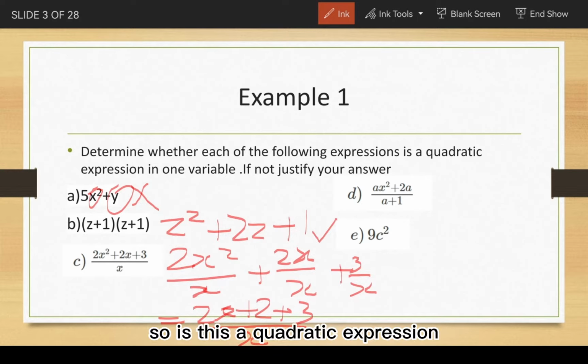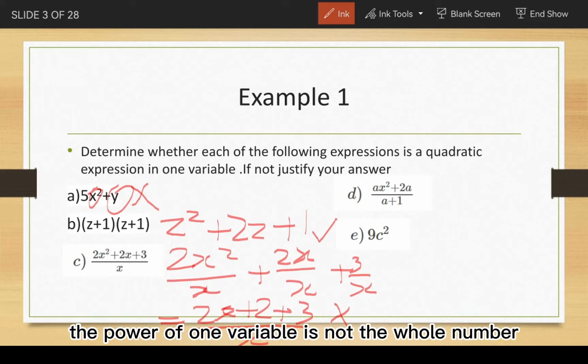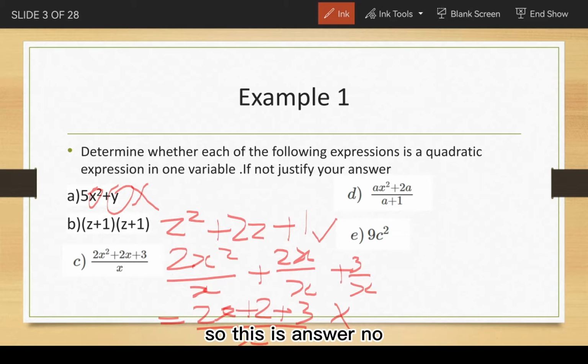So is this a quadratic expression? The answer is no. Why? Because the power of one variable is not a whole number. So the answer is no. Okay.